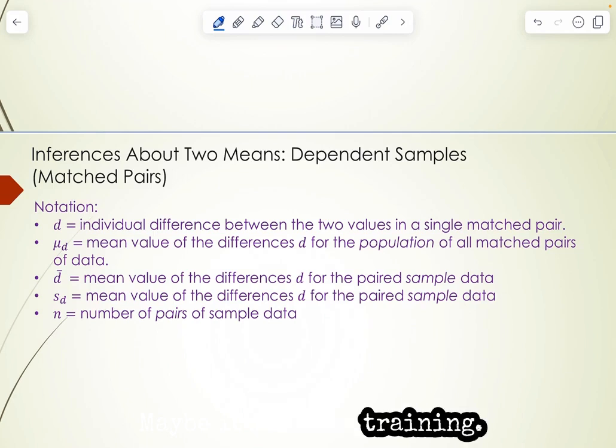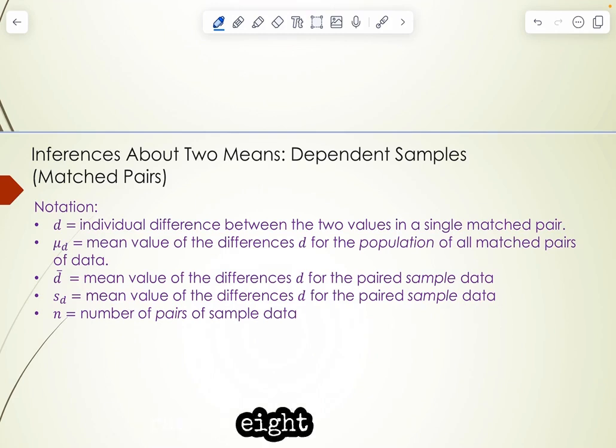Maybe it's a speed training, and you're interested in the time of a mile. Before the treatment, I ran a 14-minute mile. After the treatment, I ran an 8-minute mile. The d would be -6, 14 to 8, -6.